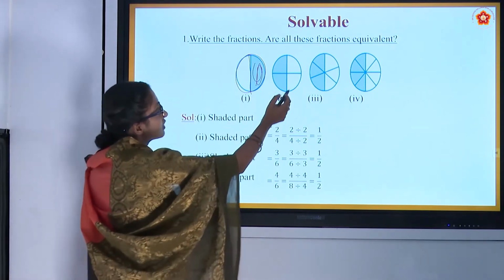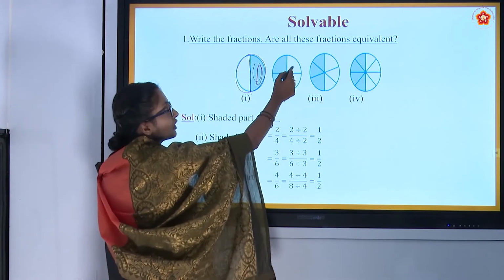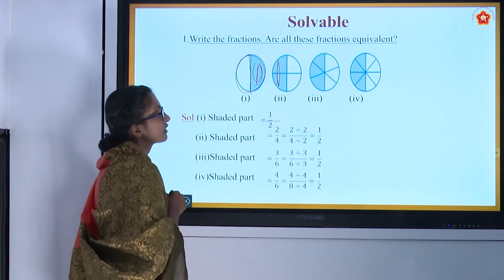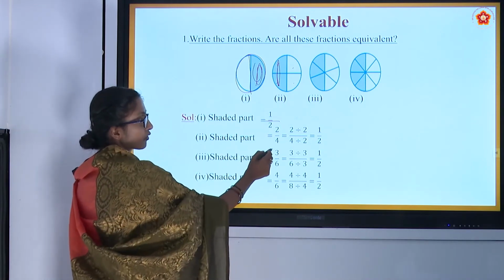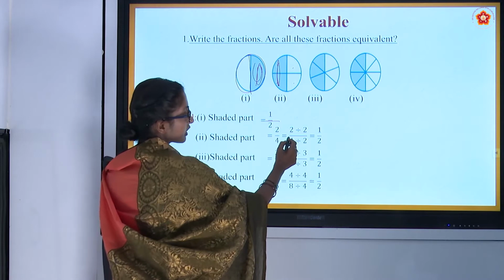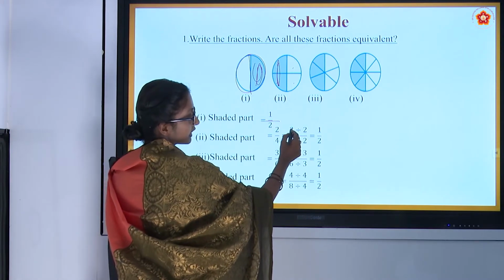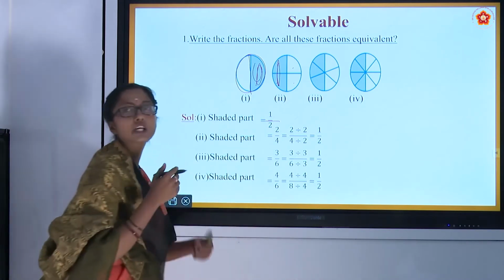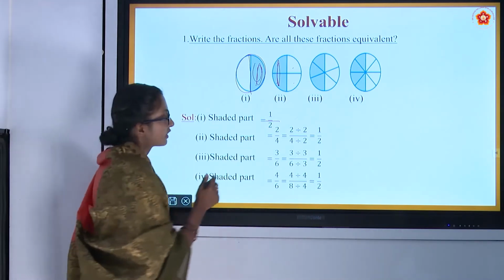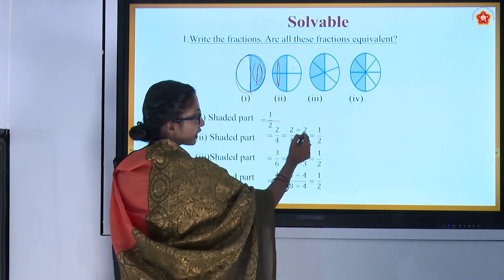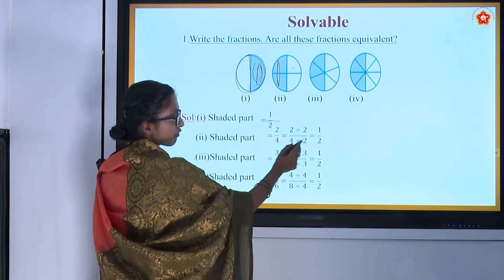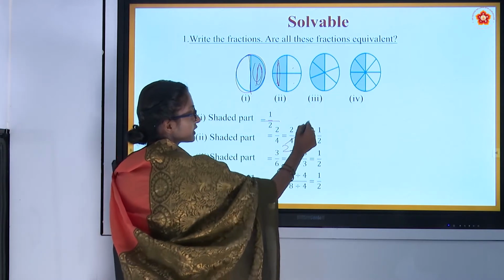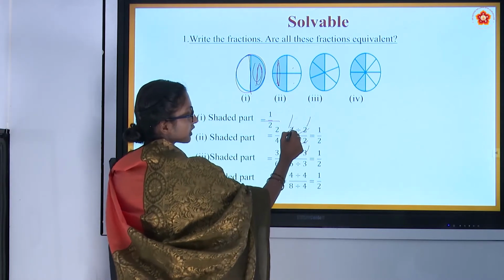In the second one, whole is 4: 1, 2, 3, 4. Only two parts are shaded. So, 2 by 4. This equals 2 divided by 2, meaning 2 and 4 both come in the table of 2. Fine. 2 divided by 2 is 1. If we divide 4 by 2, it is 2.